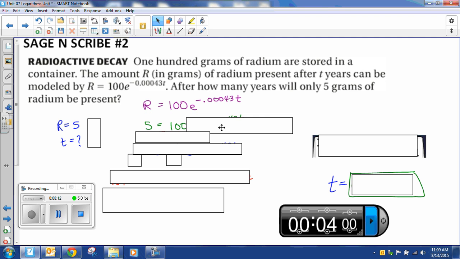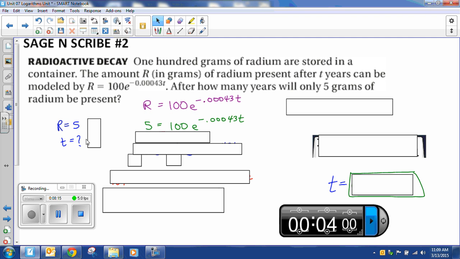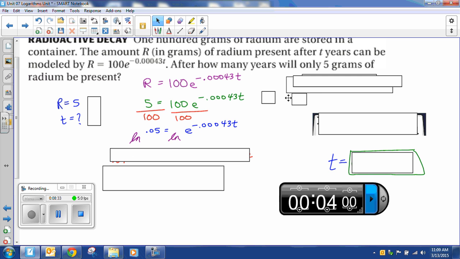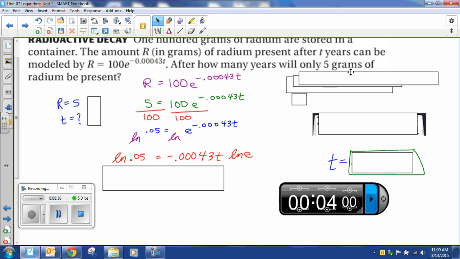So we're going to plug this into our formula to try to figure out how long it takes 100 grams of radium to decay down to 5 grams. So we divide both sides by 100. We're doing our algebraic isolation of t. You need to take the natural logarithm because we're dealing with base e. So we take the ln of both sides.